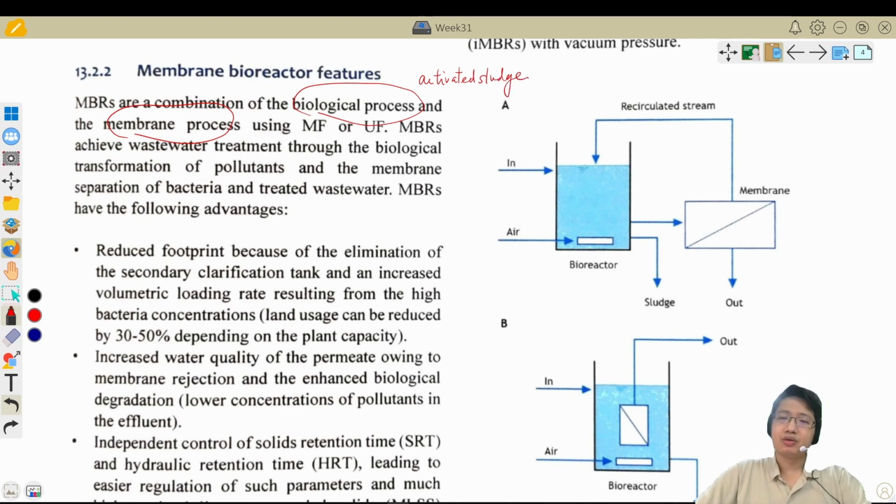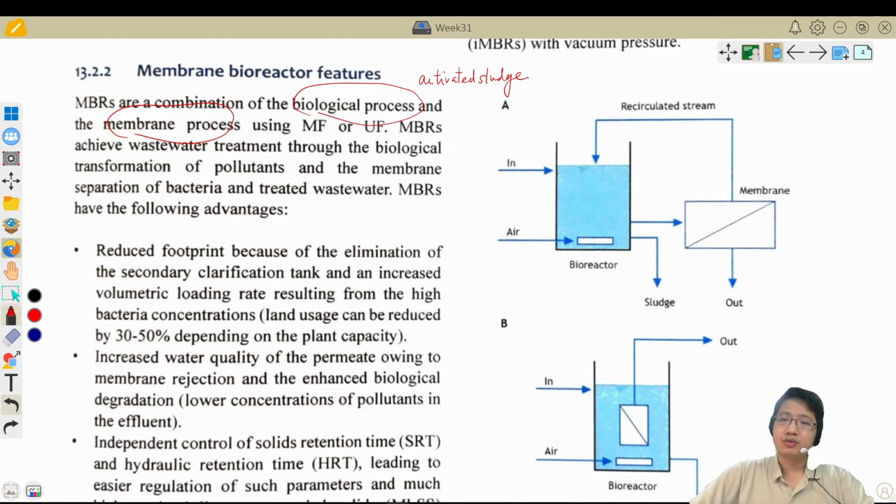Okay, so imagine there is an activated sludge system. You have an aerobic CSTR, including a secondary clarification tank, and a recycle for the sludge.